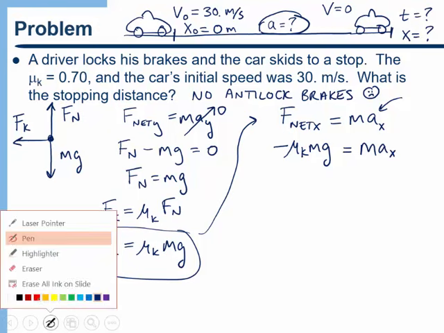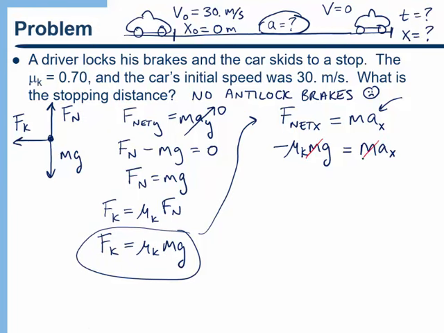Notice here that the m's do cancel out, so I end up with the fact that the acceleration is negative mu k times g. If you take 0.7 and multiply by 9.8, what you're going to find is that the acceleration is negative 6.9 meters per second squared. Notice that that makes sense. The object is moving to the right and slowing down. Therefore, the acceleration has to be negative.